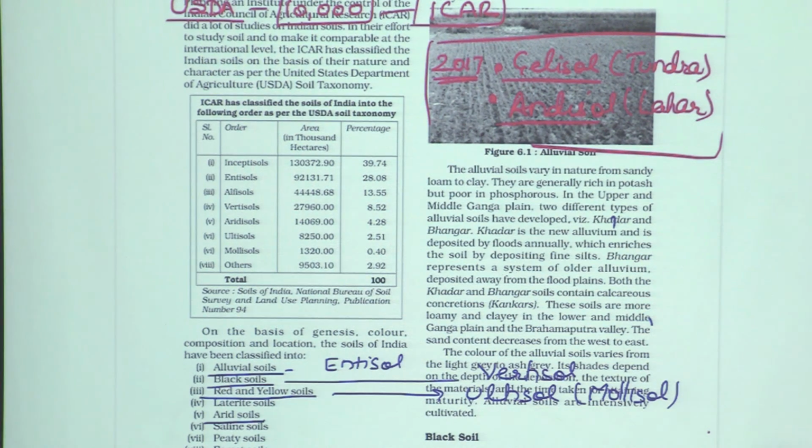Arid soil, aridisol. Forest soil, inceptisol and alfisol. You don't need to get into the details of what is the criteria of classification.